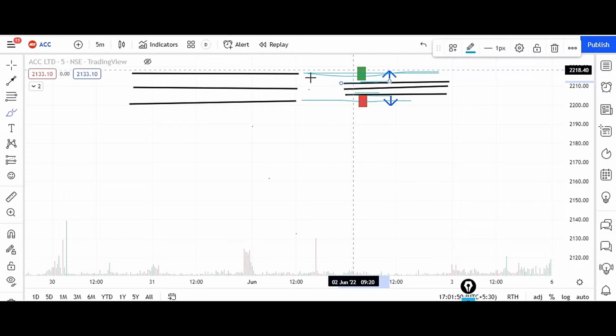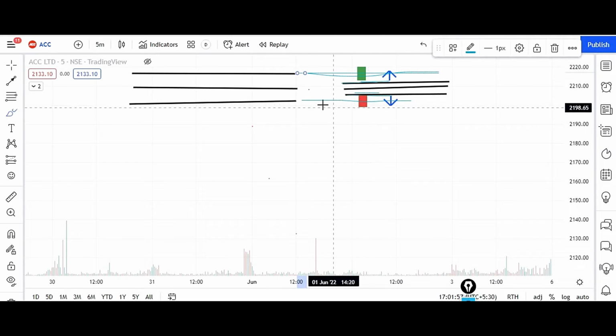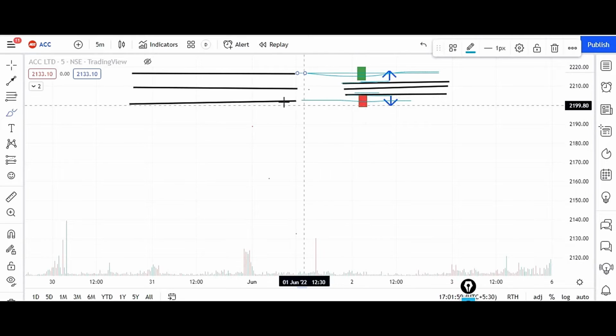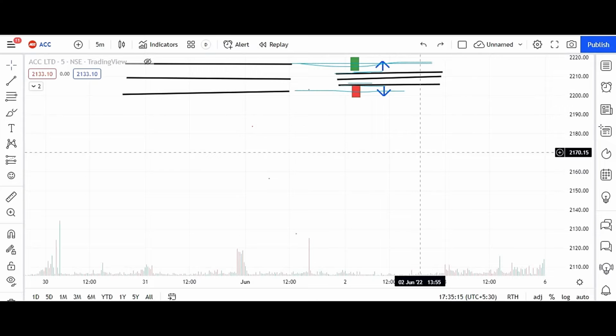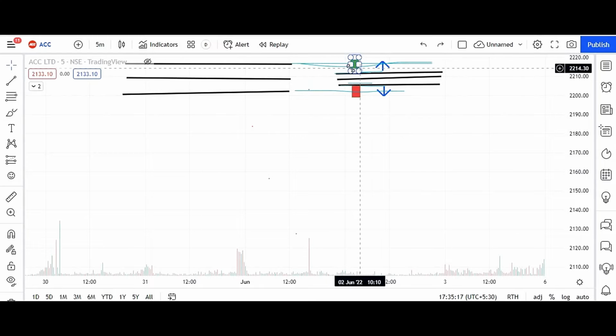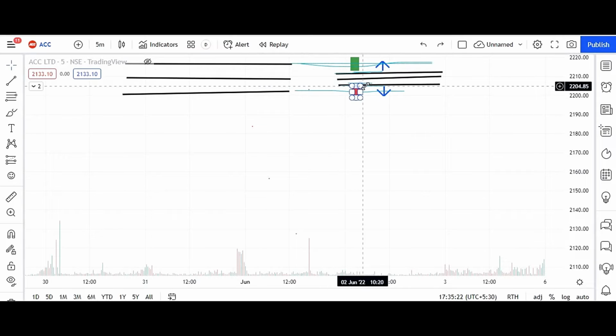The breakout is nothing but breaking the top central pivot of the previous day CPR on the buy side and the bottom central pivot of the previous day for the short side. We wait for the 5 minute candle to break out and close above the top central pivot of the previous day CPR, and we put stop loss below the CPR and ride the upside momentum, and our target should be R1, R2, R3 or any other pivot like previous day high.